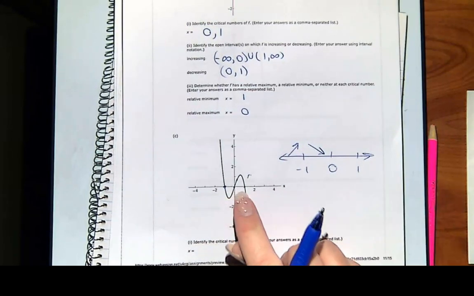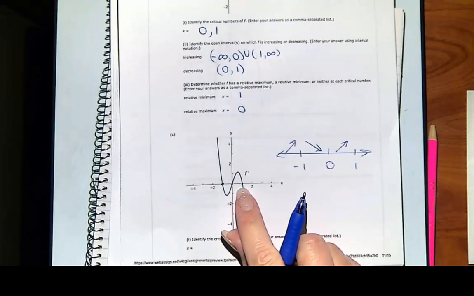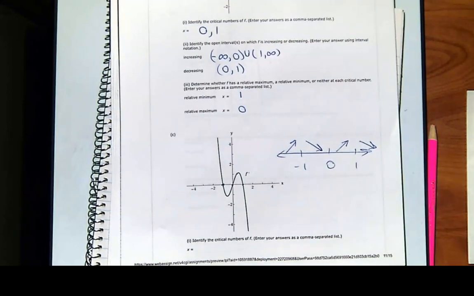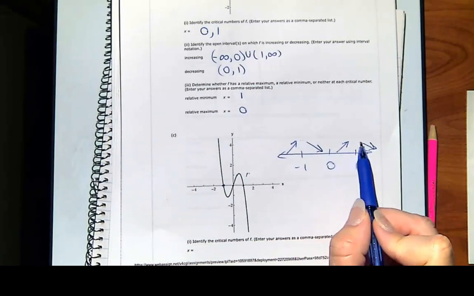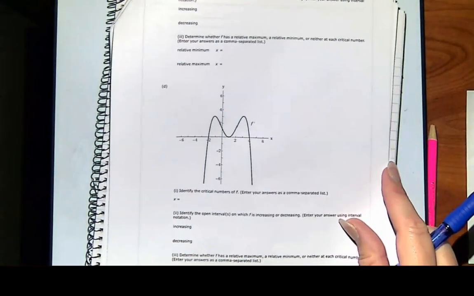Between 0 and 1, I'm above, so I'm increasing. After 1, I'm below, so I'm decreasing. So again, you're going to have a max here, a min here, and a max here. And that brings us to the final one.